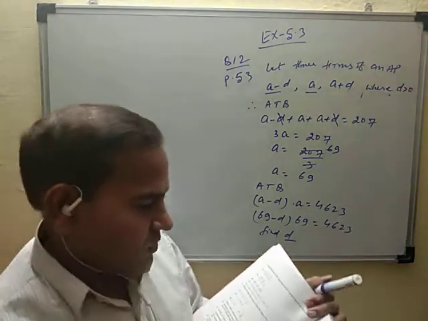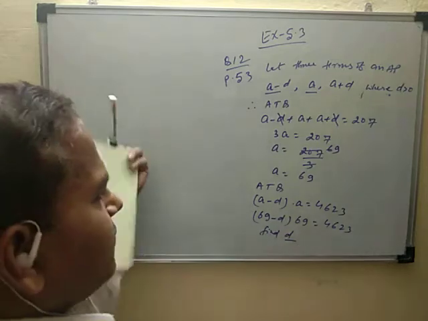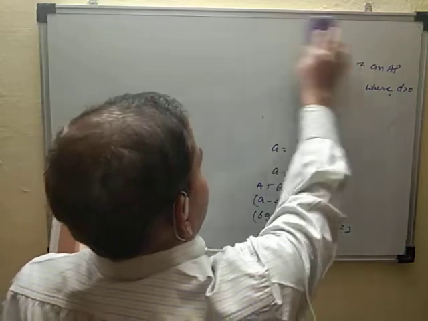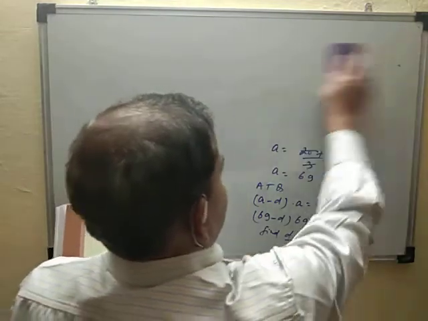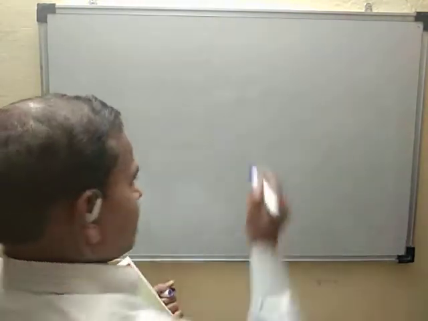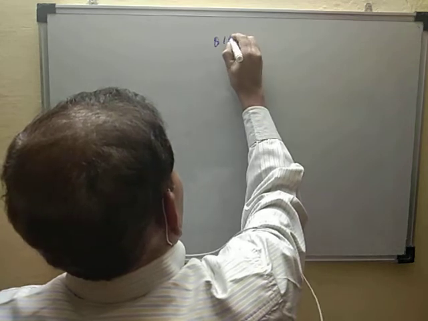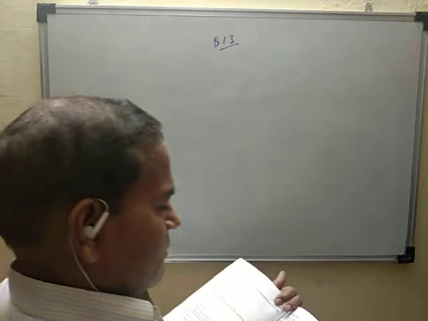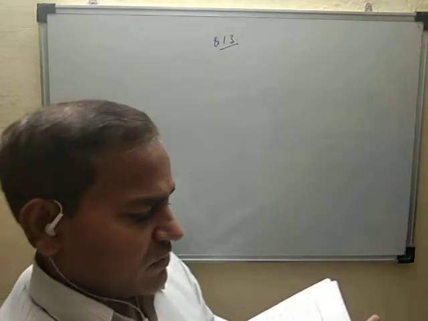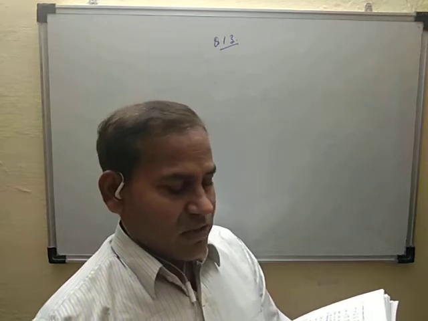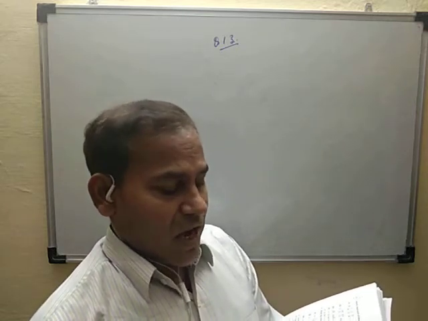Now question number 13. Question 13 is: the angles of a triangle are in AP. So how many angles does a triangle have? 3 angles, and given AP.